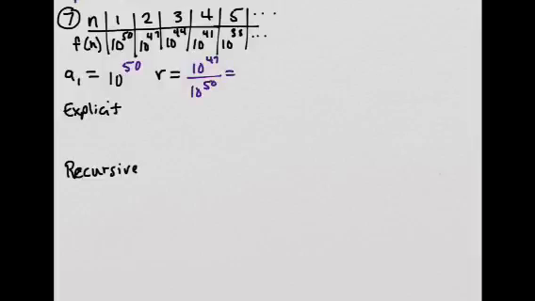And so remember, when the base is the same and you're dividing, you subtract the exponents. So this is 10 to the 47 minus 50. So that's 10 to the negative 3. Okay, and that's your common ratio.